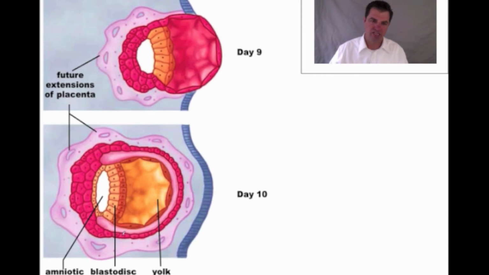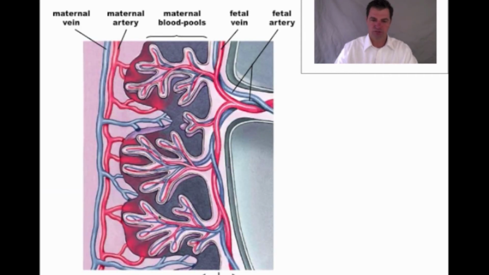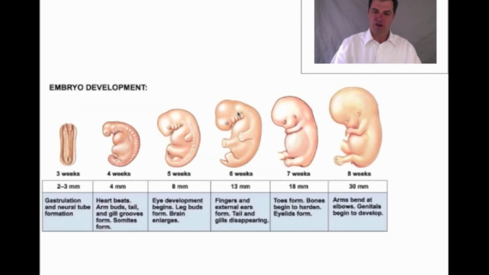So it's implanted into the endometrium, and it's starting to expand and grow, and eventually it'll grow this placenta, which will be a sort of interaction between the baby's fetal artery and veins as well as the maternal side, with the maternal arteries and veins delivering blood from the mother to the baby, and that's how the baby gets the nutrients as it develops, starting off at about 3 weeks.